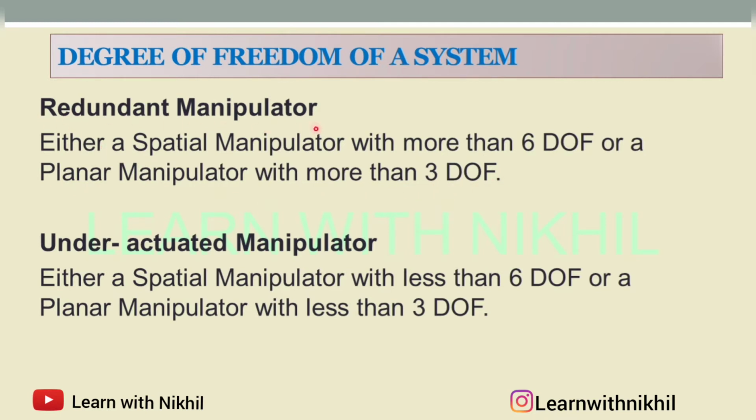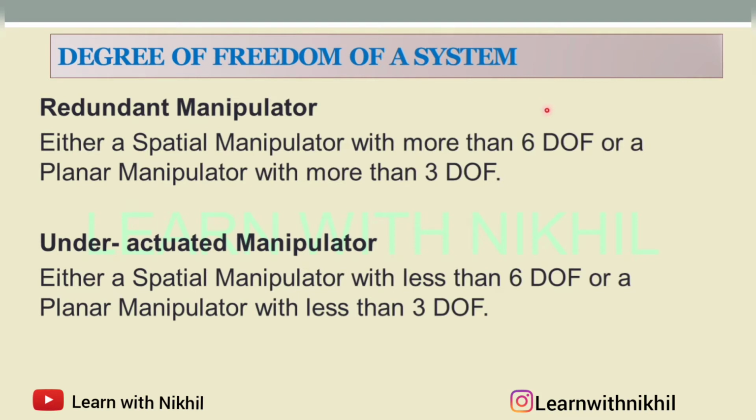Now what is a redundant manipulator? Either a spatial manipulator with more than 6 degrees of freedom, or a planar manipulator with more than 3 degrees of freedom. So if I have a robot which has a degree of freedom for a spatial manipulator of more than 6, then that is an extra degree of freedom.